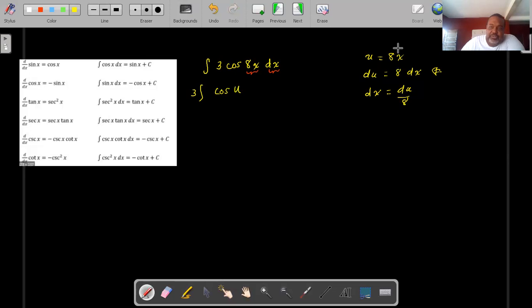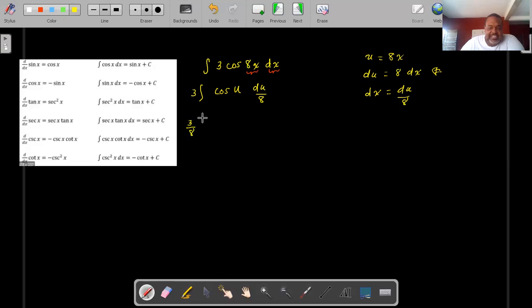Wherever we see 8x, we'll put u, and wherever we see dx, we will put du over 8, which is the same thing as 1/8 times du. So 1/8 is also a constant, so we've got to take it outside. So now I'll have 3 times 1/8 on the outside, which is going to be 3/8.